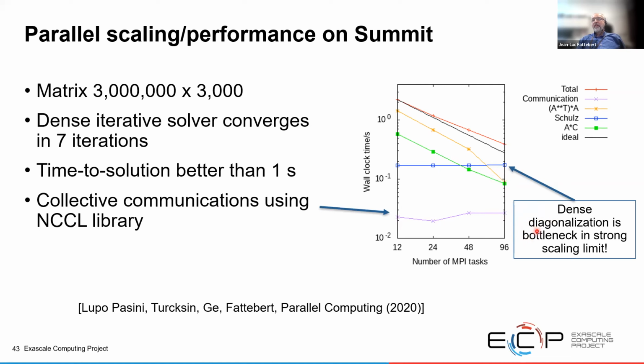So again, this is really one of the bottlenecks for electronic structure calculations on supercomputers with GPU accelerators. As you can see here, it goes up to 96 GPUs, 96 MPI tasks, and everything else scales very well except for this, which becomes a bottleneck.